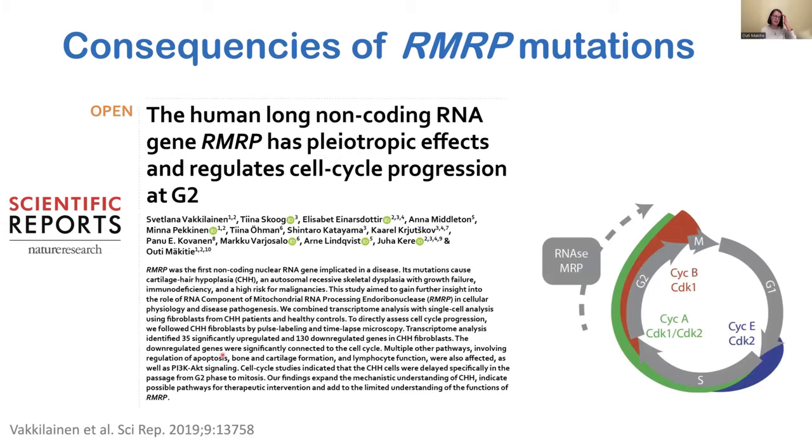Then we've done studies, transcriptome analysis, focusing on cell cycle progression in cartilage-hair hypoplasia. And here we had fibroblast cultures from some patients, I can't remember how many, and we did transcriptome analysis and identified 130 downregulated genes in cartilage-hair hypoplasia fibroblasts.